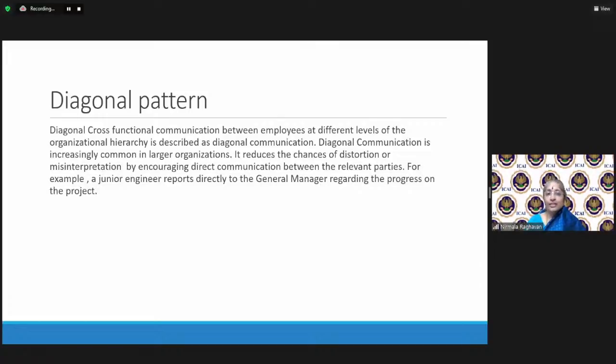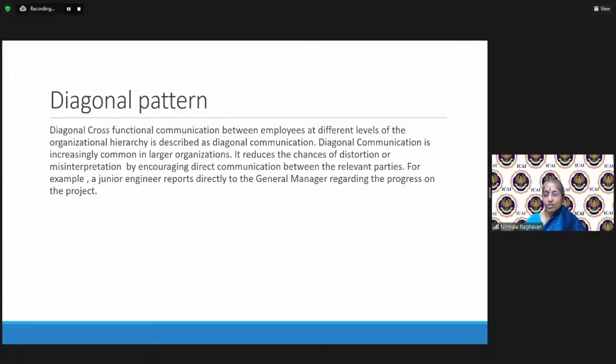I repeat, it's a cross-functional communication between employees at different levels of the organizational hierarchy. This is described as diagonal communication. Diagonal communication is increasingly common in larger organizations. It reduces the chances of distortion or misinterpretation by encouraging direct communication between the relevant parties.